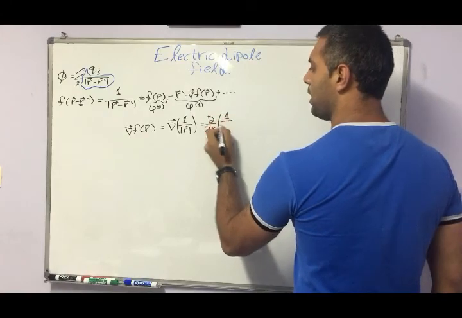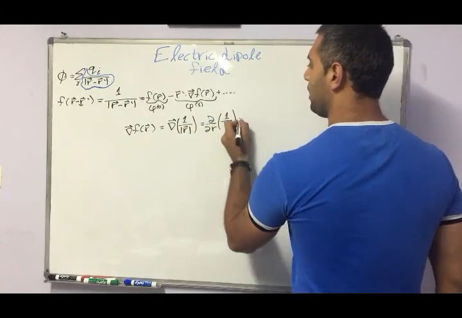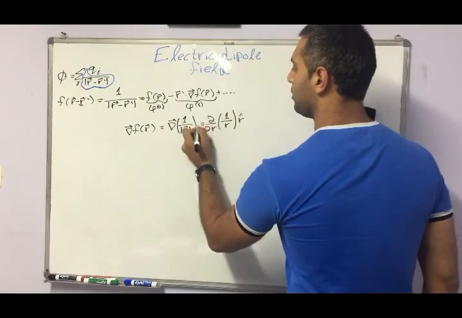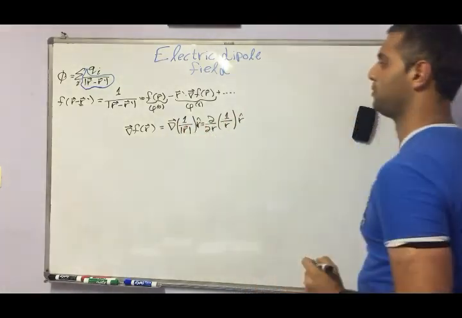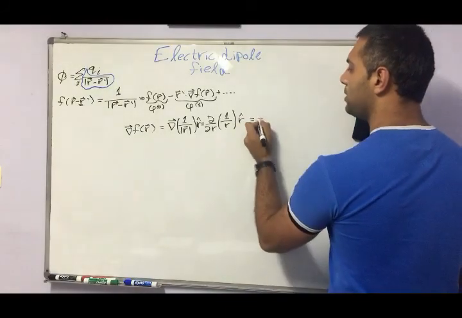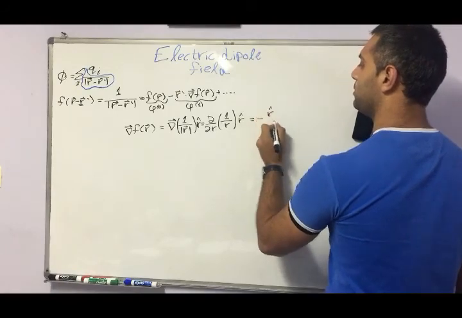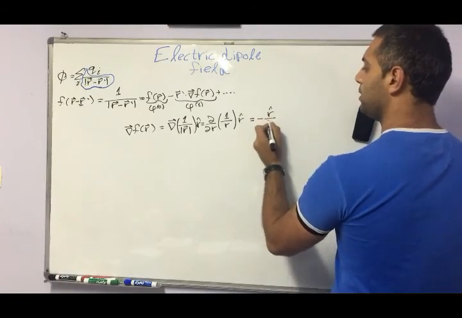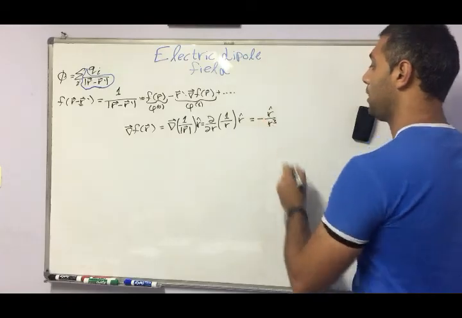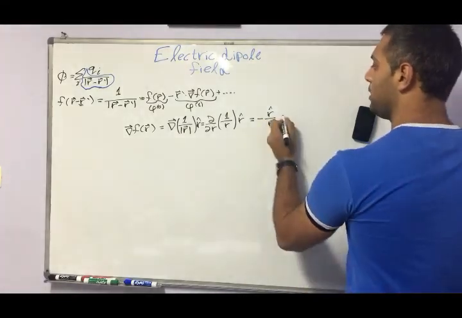For 1 over r, I will just write r here, and don't forget the unit vector. And this equals minus r divided by r squared.